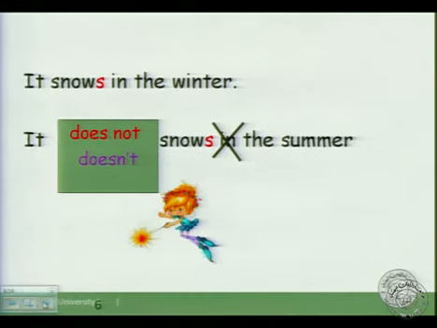We should cross the S, and the smart part is not working as well, which is frustrating. Let me use another pen. Yes, we should cross the S. It does not snow in the summer, or it doesn't snow in the summer. Here is the same rule. Does not is used in writing, doesn't is more used in speaking.